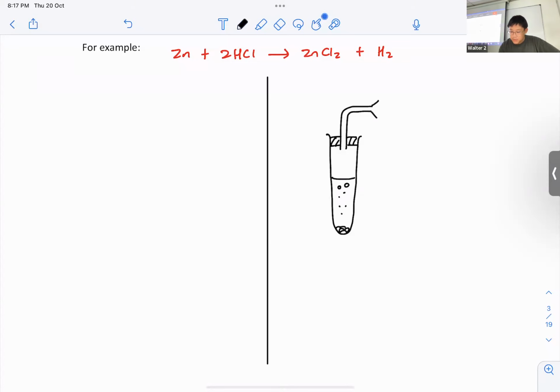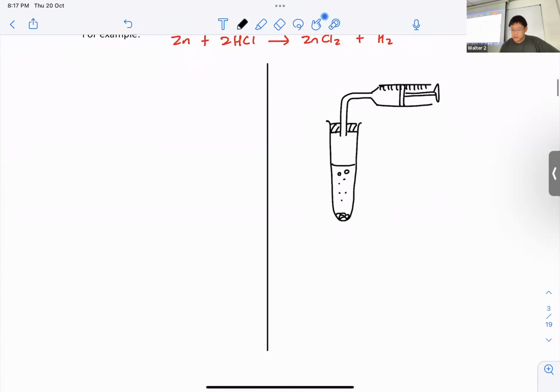Then the gas released will be transferred into a gas syringe. Okay, so the gas syringe will have a scale there as well for you.